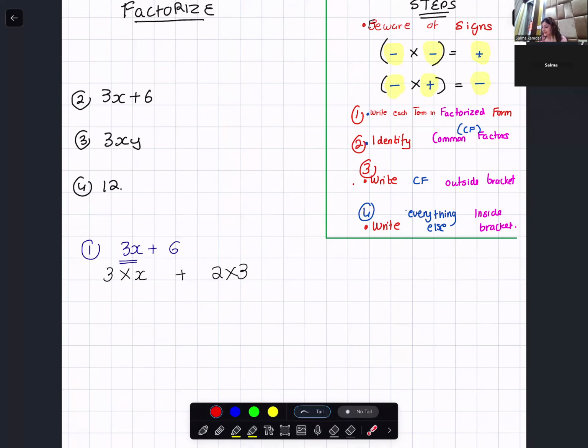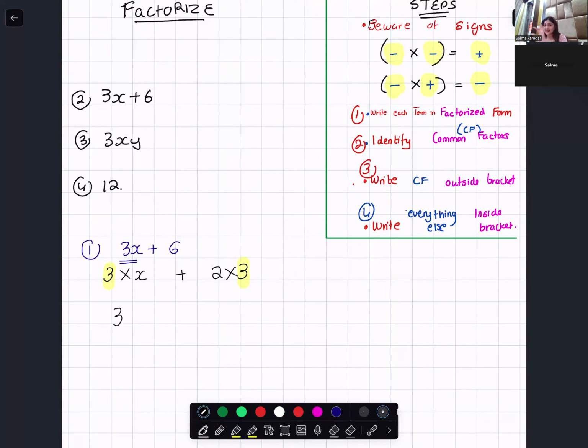So when I am factorizing, I will write every term in the factorized form. Then I will identify the common factor. The common factor is 3. So 3 is the common factor.